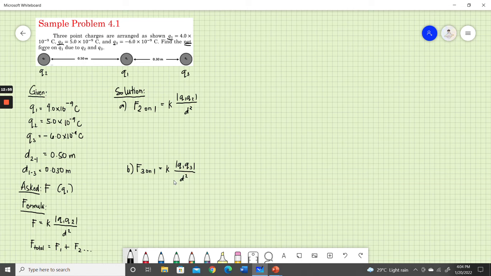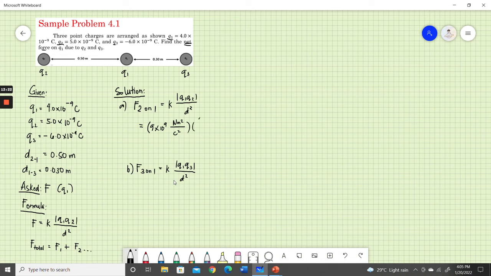Okay, so let's solve for that. We should know by now what the value of K is. K is a constant. The value of K does not change. It will always be 9 times 10 raised to 9, not negative 9, just 9. 9 times 10 raised to 9 newton meter squared per coulomb squared.